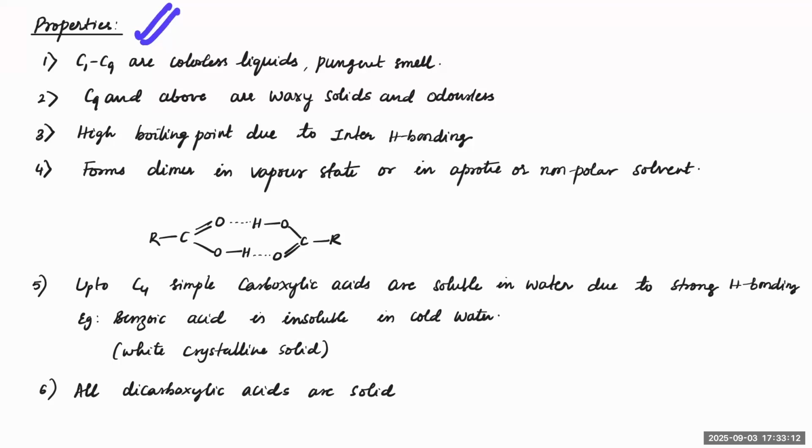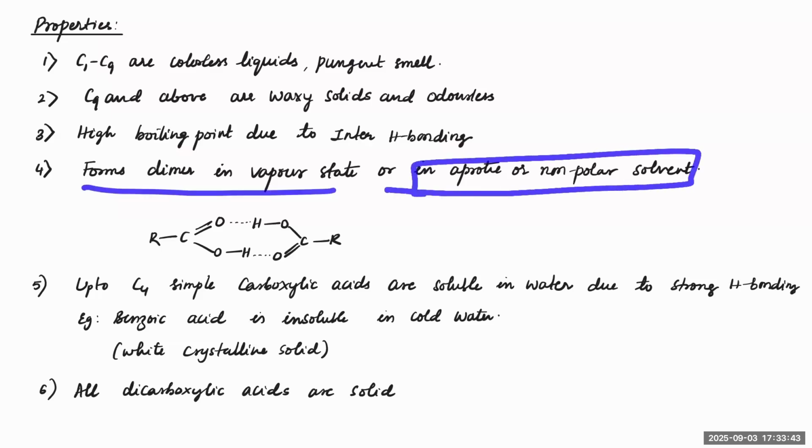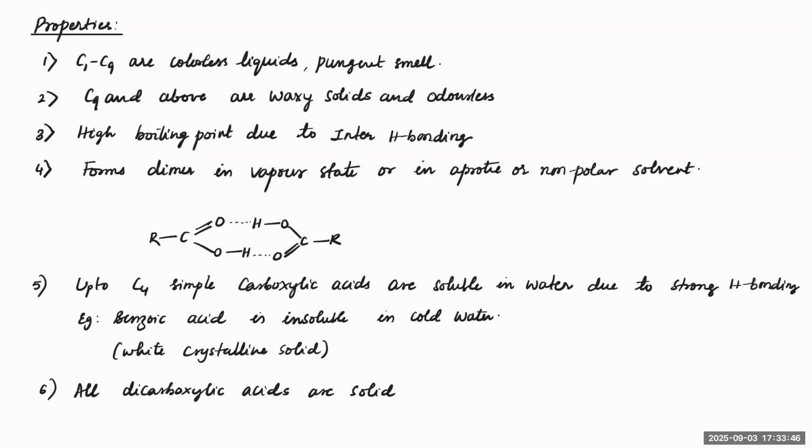Next, let's see this. What are the properties of carboxylic acids? Generally, C1 to C9 are colorless liquids and they have pungent smell. And C9 and above are waxy solids and odorless. And then high boiling point is observed due to intermolecular hydrogen bonding. Next, it forms dimer in vapor state or in aprotic or non-polar solvent.